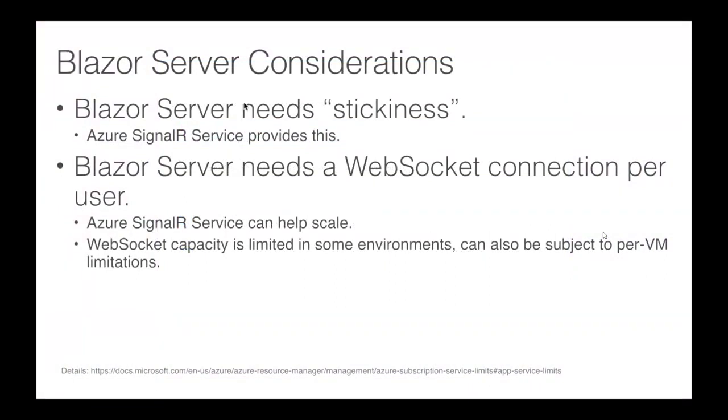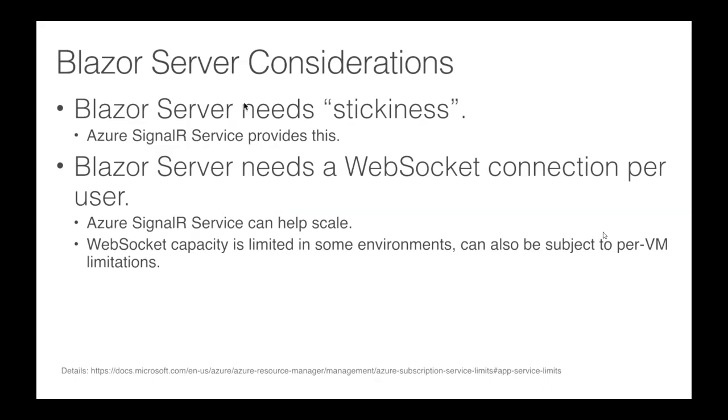So some of the considerations for scaling up Blazor Server and scaling up the number of connections that you can take. First of all, Blazor Server needs stickiness. Azure SignalR can give you that. Blazor Server needs a WebSocket or another SignalR mechanism connection per user. What we find with app service or other Azure services or other cloud-based services in general is they tend to underprovide on the number of WebSockets you can handle in an app.